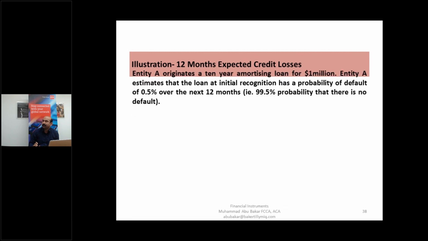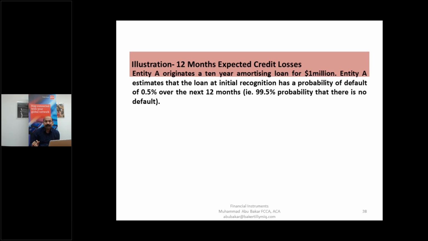There is a small illustration. Entity A originates a 10-year amortizing loan for 1 million. Entity A estimates the loan at initial recognition has a probability of default of 0.5% over the next 12 months. That is, a 99.5% probability that there is no default.